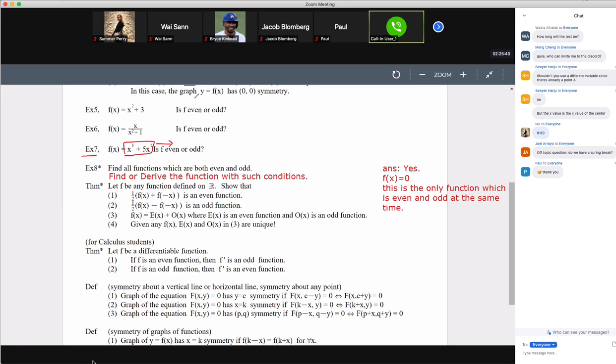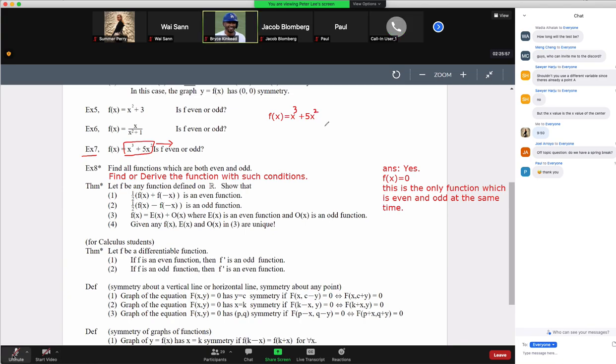Can you tell me? f of x is equal to x cubed plus 5x squared. Is this function even or odd? Odd? Even? No, this guy is not even and not odd, by the way. This guy is neither.